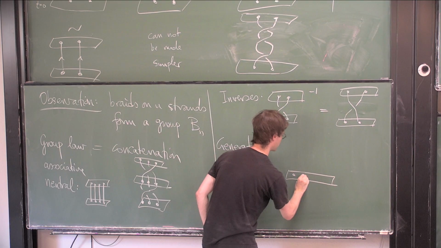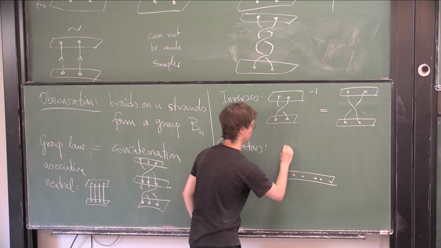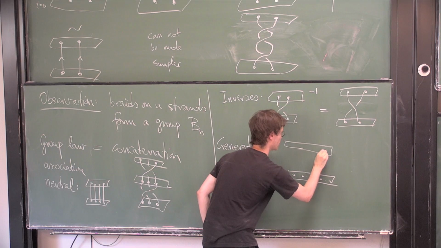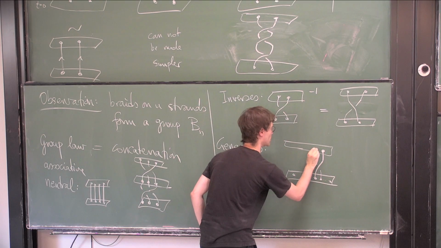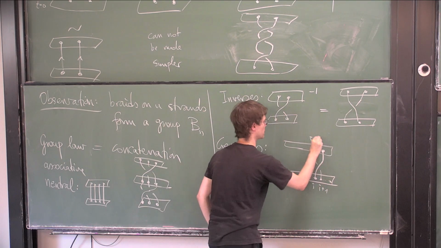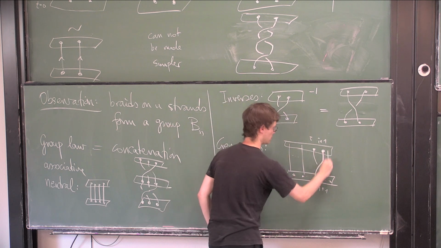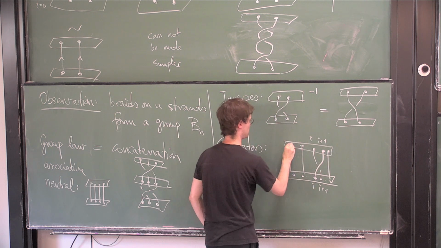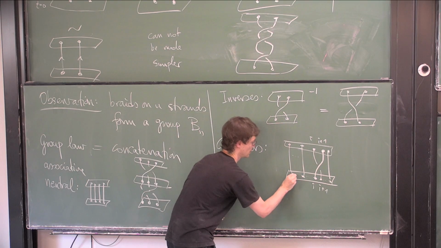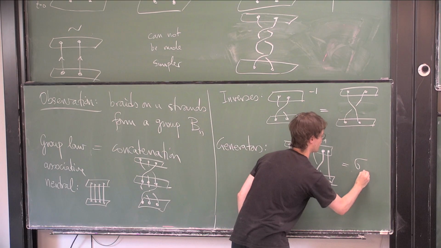Still, when you have n strands, there's still this elementary crossing where you just take i and i plus 1, and all the rest you just take identity. Everything stays the same, apart from i and i plus 1, which cross. This we call sigma i.